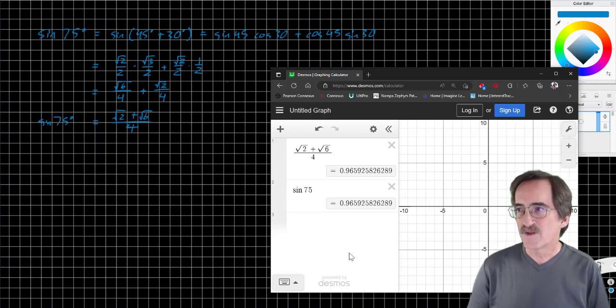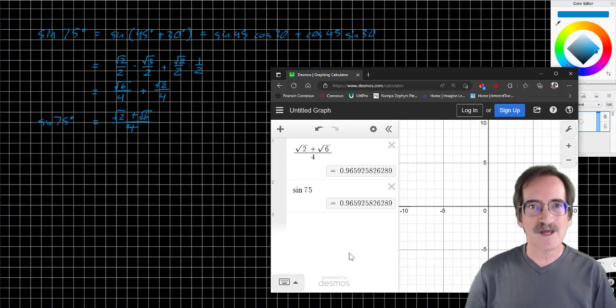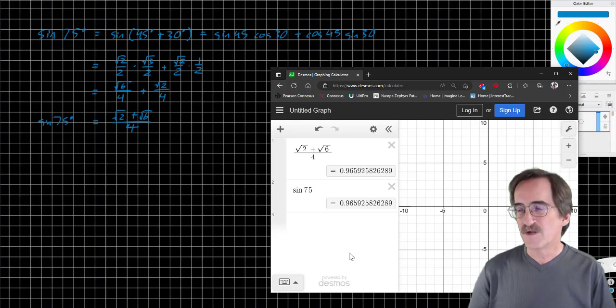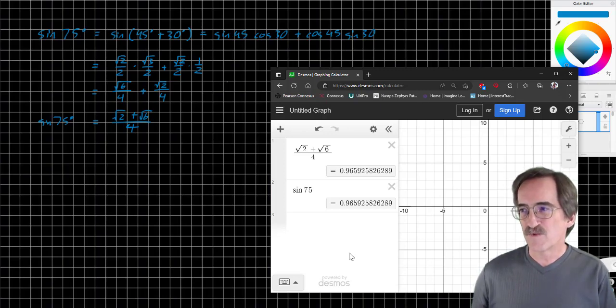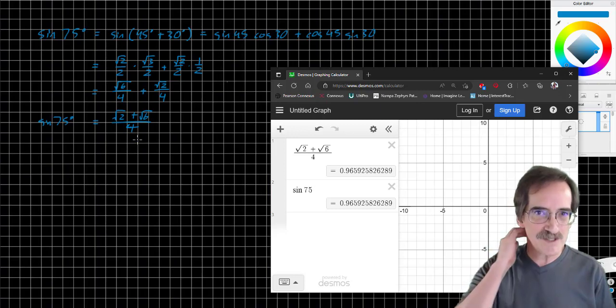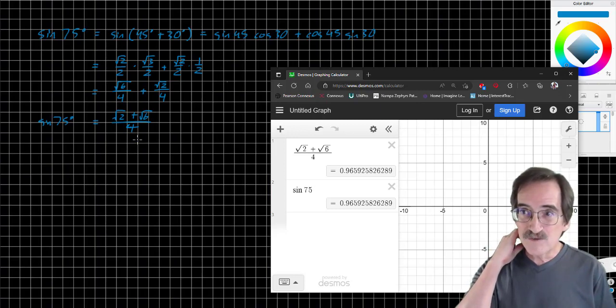And look at that, we get an answer as exact as Desmos can. Realize that any decimal answer is going to be irrational. Square roots are by nature irrational, so there is no such thing as an exact decimal answer, just very precise.